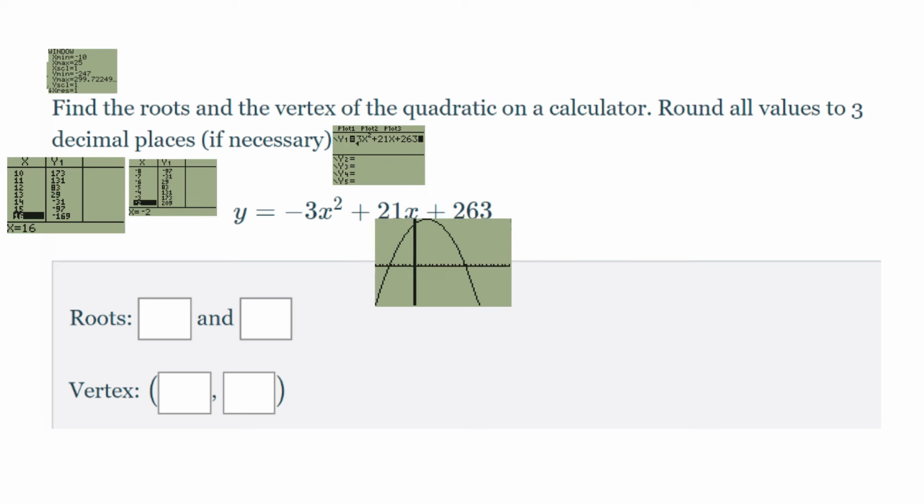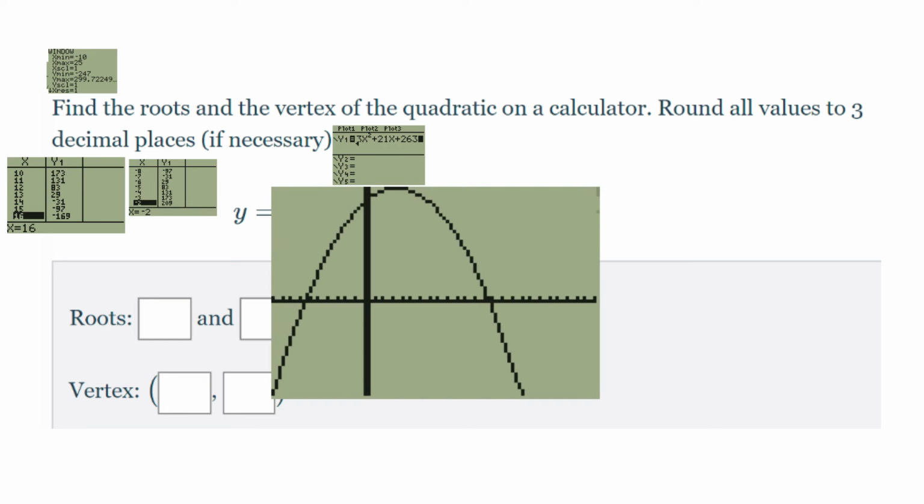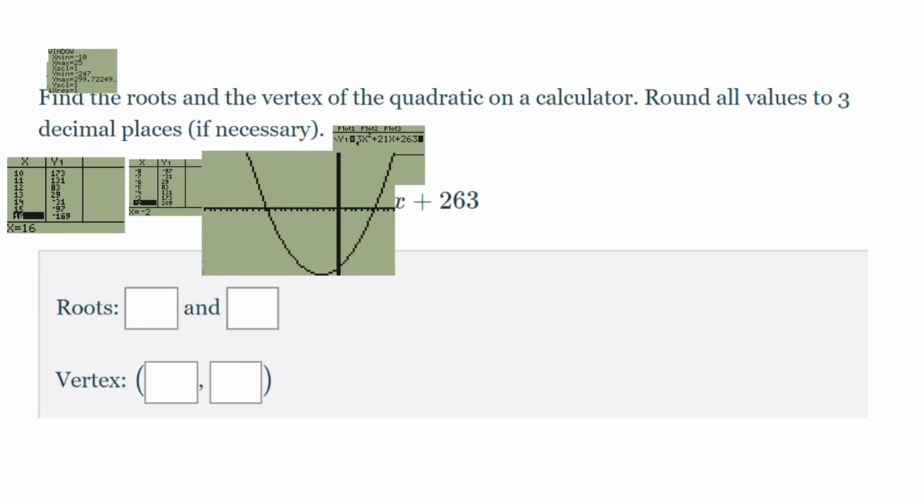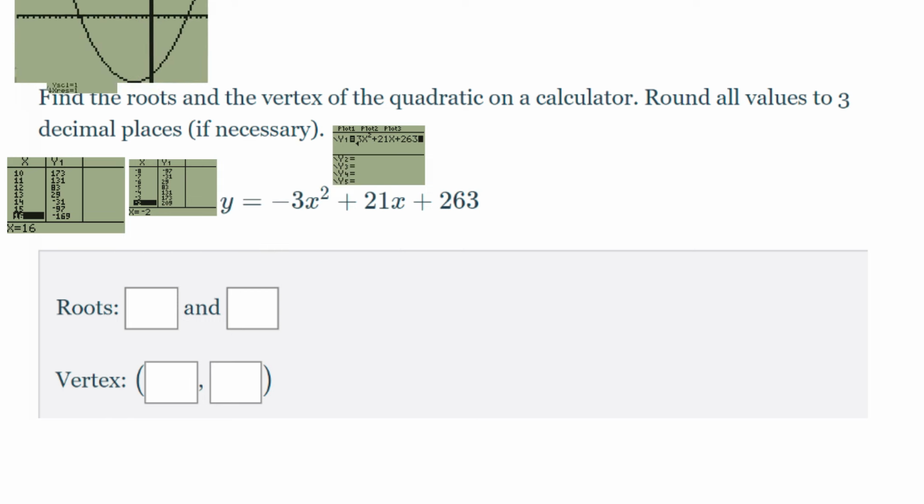But I really would like to see more vertical stuff. This is not being agreeable. I'd like to see that vertex more. So I'm going to make my Y max be a little bit taller too. So let's take a look at that.